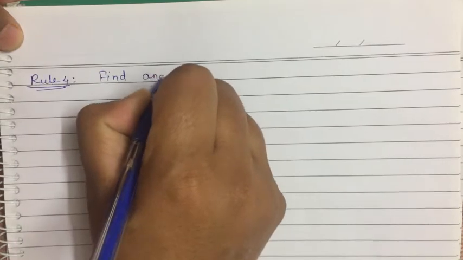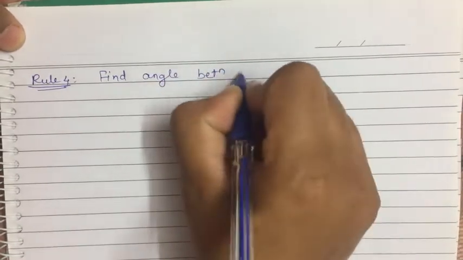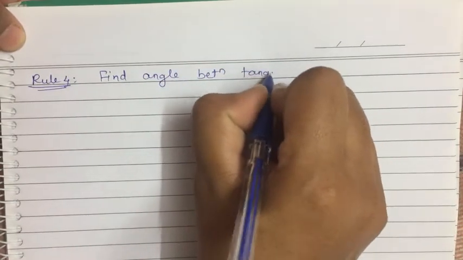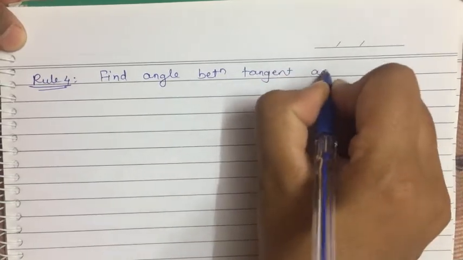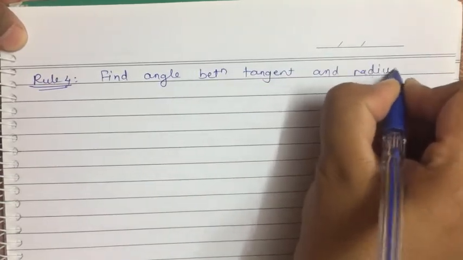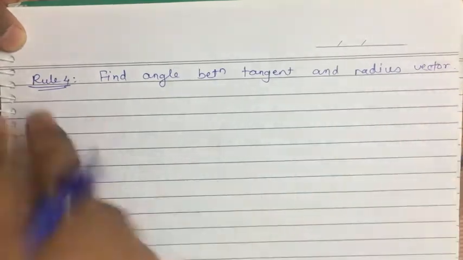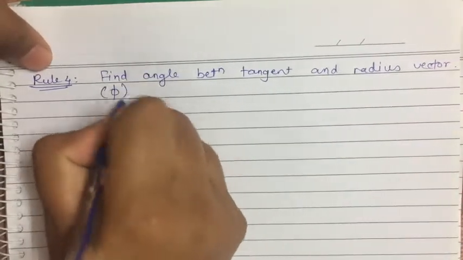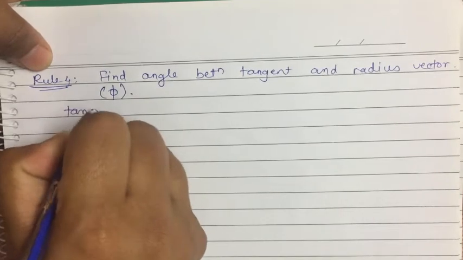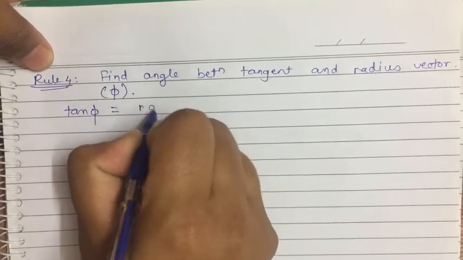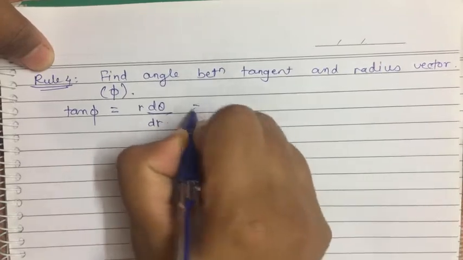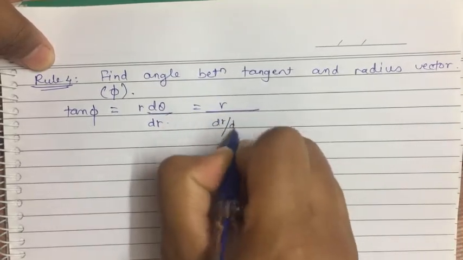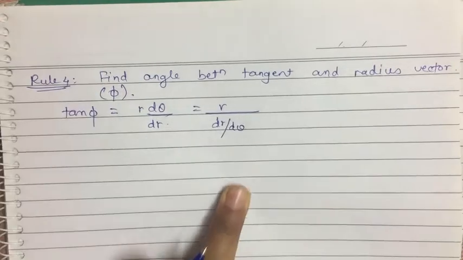Now next is rule number 4, that is find the angle between tangent and radius vector. Okay, so that is phi. So what is the formula? Tan phi is equal to r d theta by dr, that is r upon dr by d theta. So we will find dr by d theta.